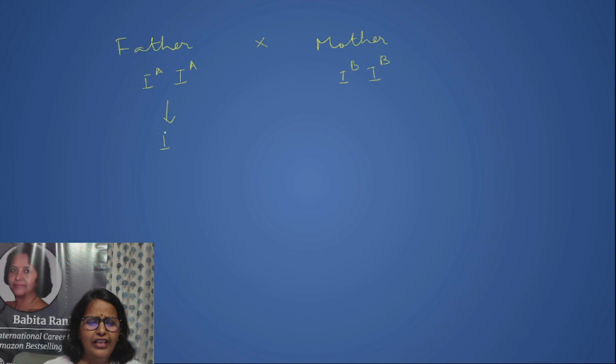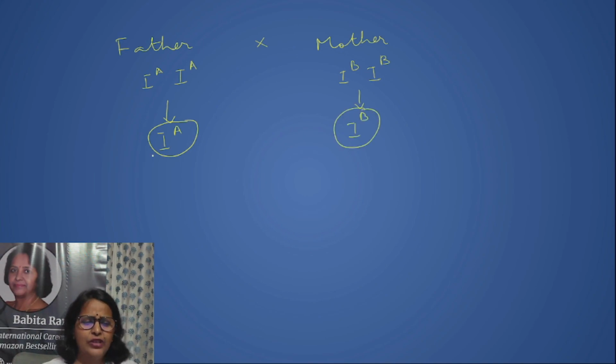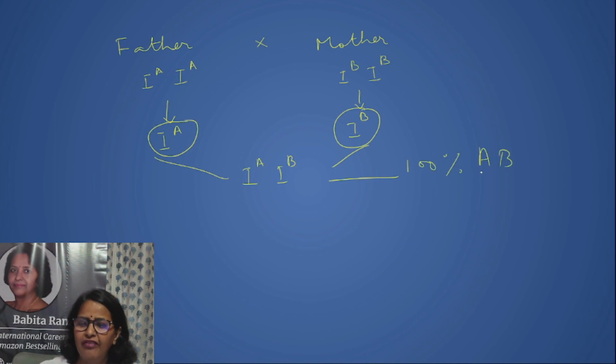Only one type of allele because we have homozygous condition. Here also only one type of allele because we have homozygous condition. So, all the offspring will be of AB type. 100% offspring will have blood group AB.